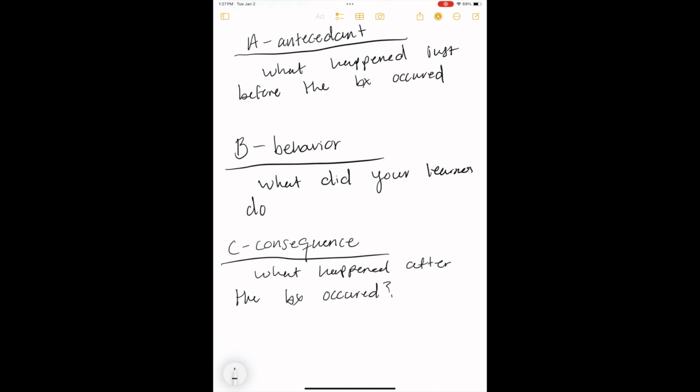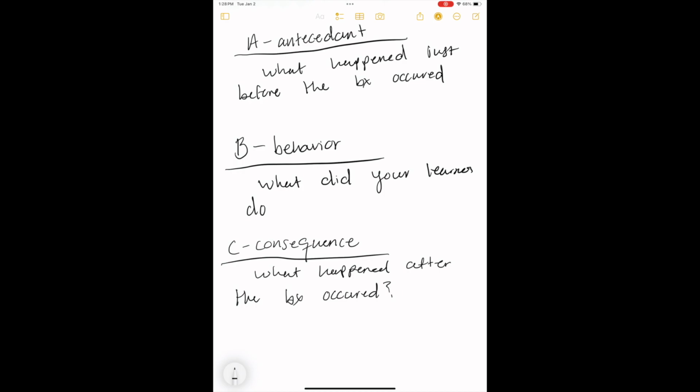And so, again, this is not something that you're going to write down, but this is the way that I write SOAP notes. This is the way I was trained to write SOAP notes in my second year as an RBT, and it is a really good way to write SOAP notes. And as an RBT, you need to constantly be observing your learner and the environment and everything that's happening.